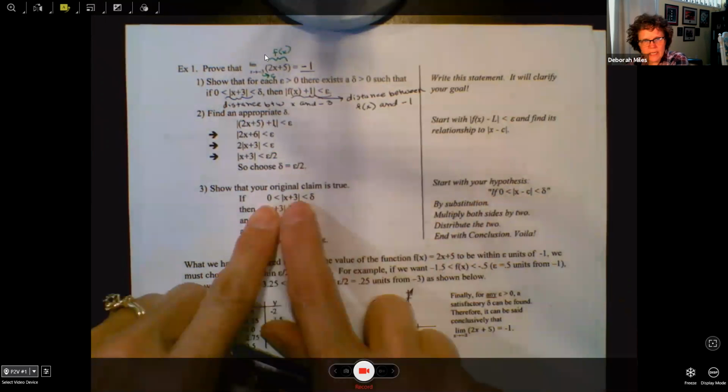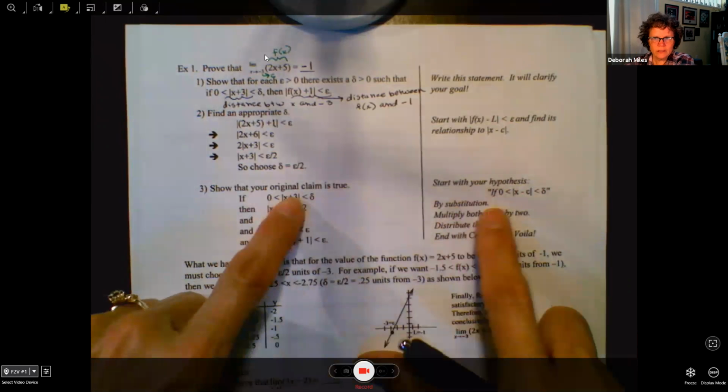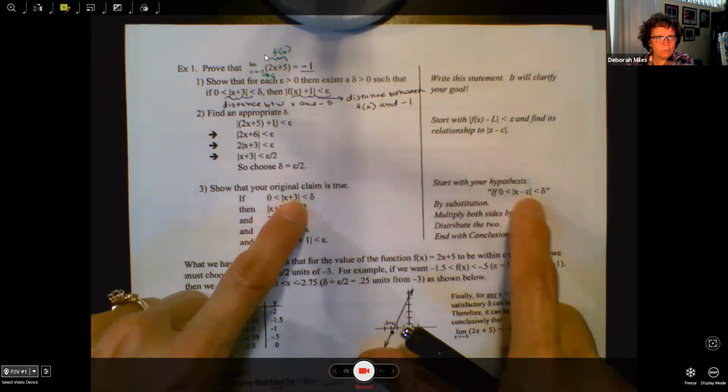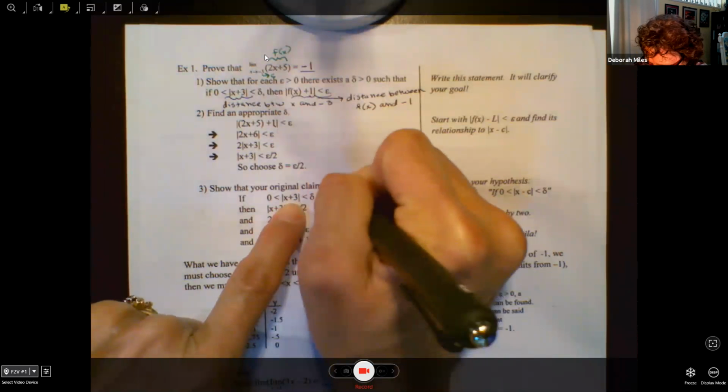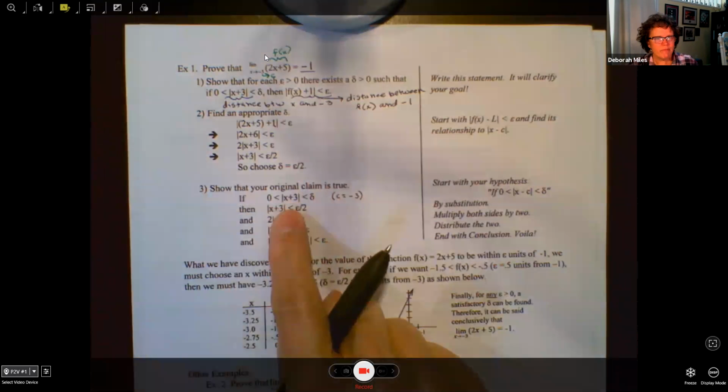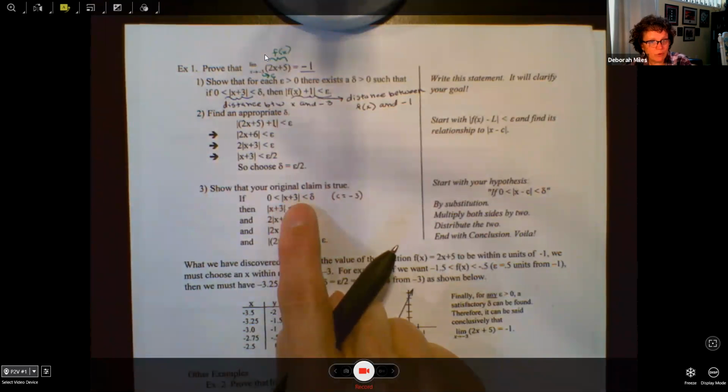And all I've done here is put -3 in the place of c. So absolute value of x minus -3 is just x plus 3.